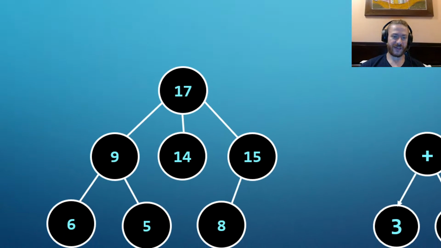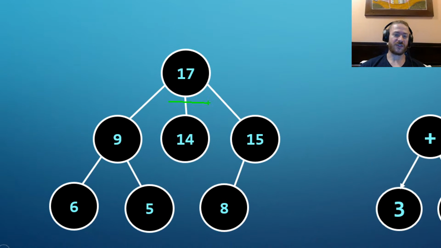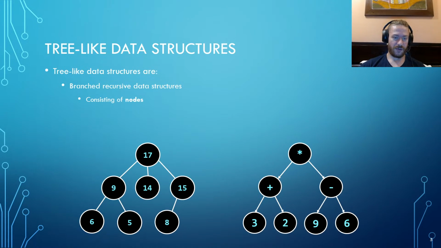For example, this is a perfect data structure if you want to store your relatives. For example, if this is your grandfather, this may be your mother, this may be her brother, and this may be their third sibling, for example. This may be you, this may be your sister, and so on. So that's a good example of a tree data structure.